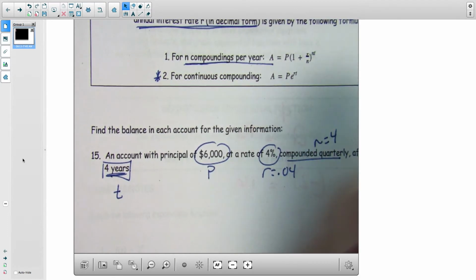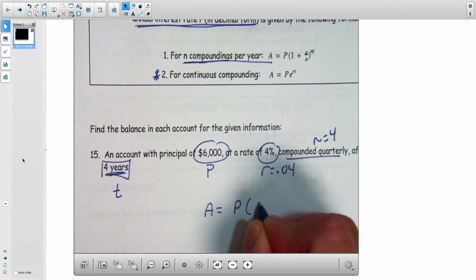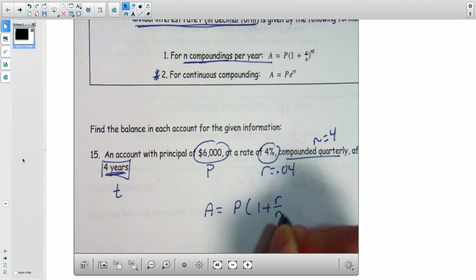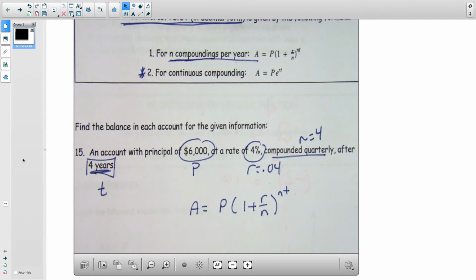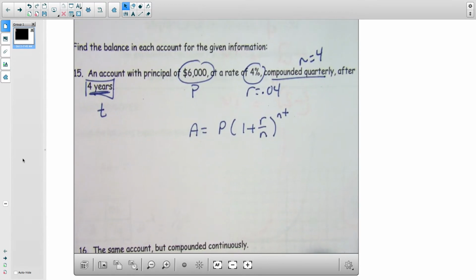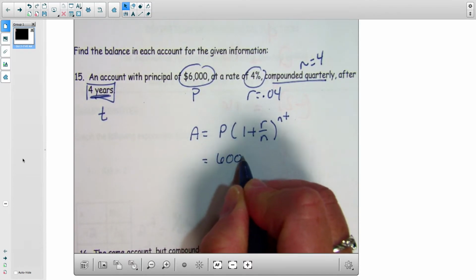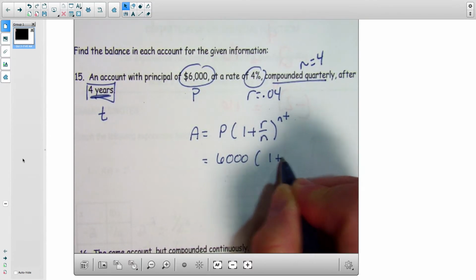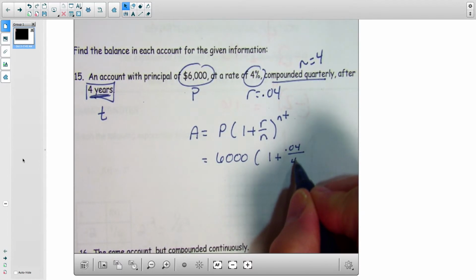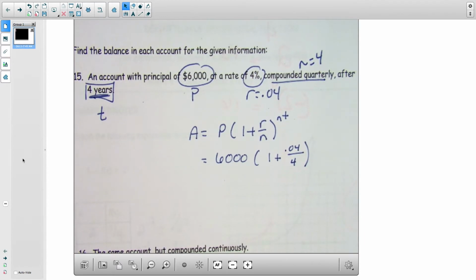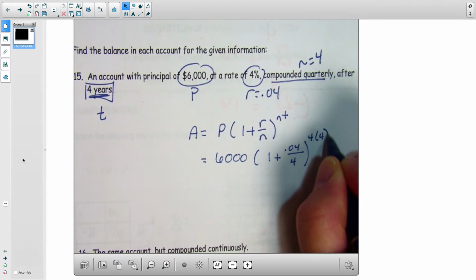So N is 4. So your principal is 6,000. Your rate is 0.04, compounded quarterly. All that raised to the N, which is 4, times T, which is 4.